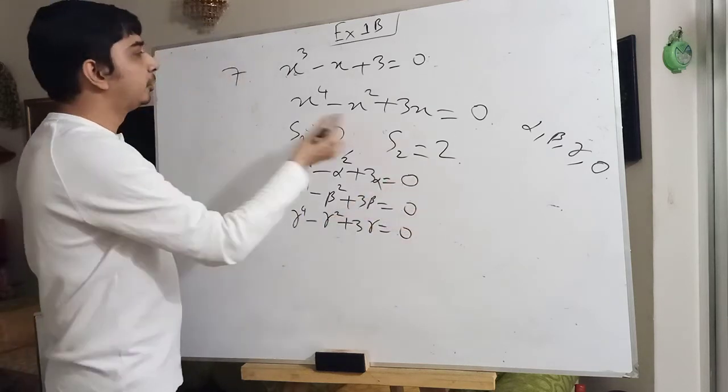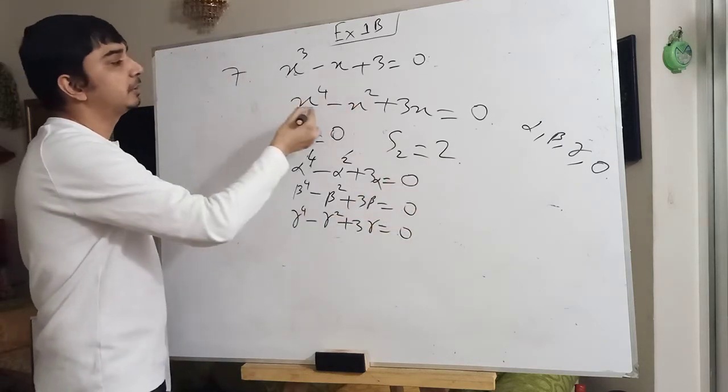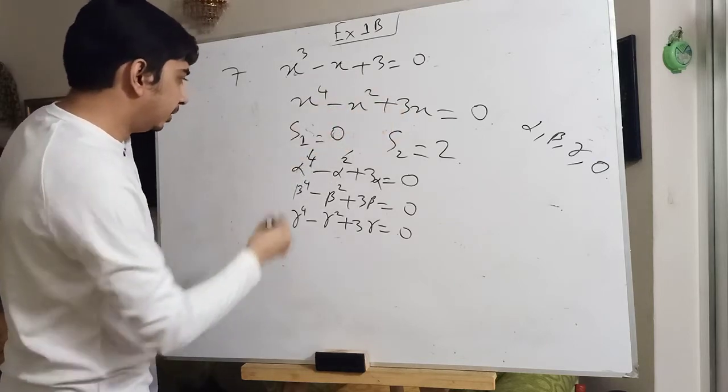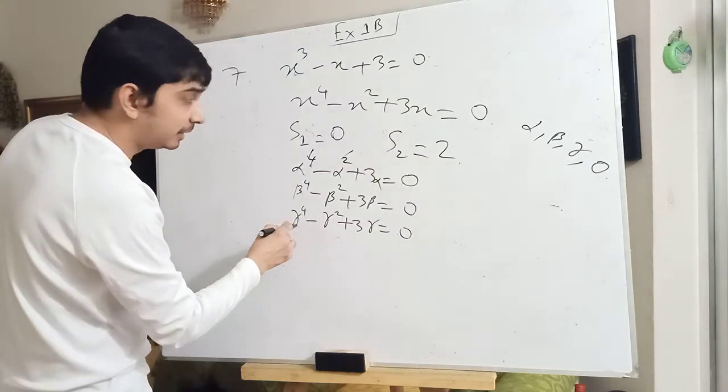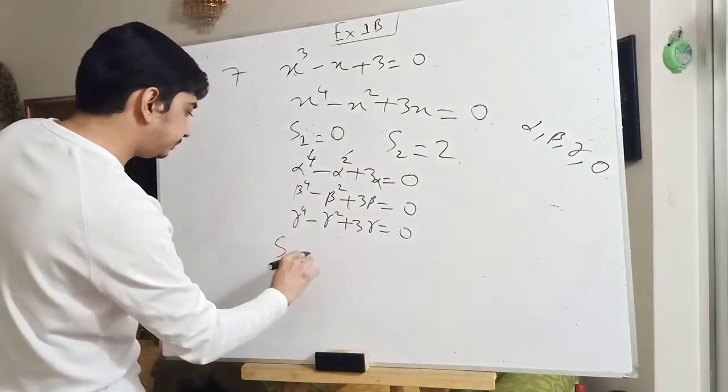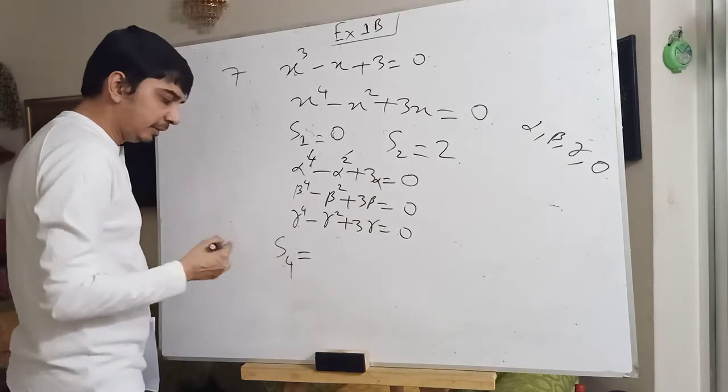And the fourth root will just give 0, all the values will be 0. So if I add all of them, alpha to the power 4 plus beta to the power 4 plus gamma to the power 4, that is actually S4.